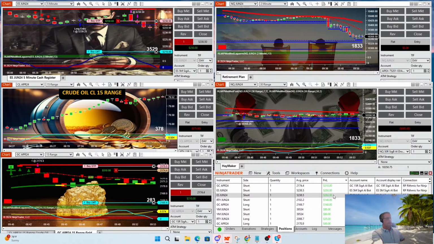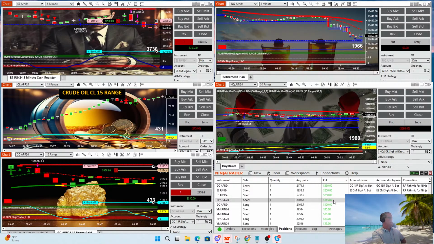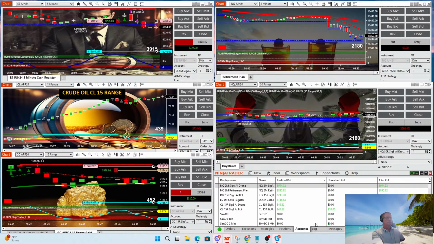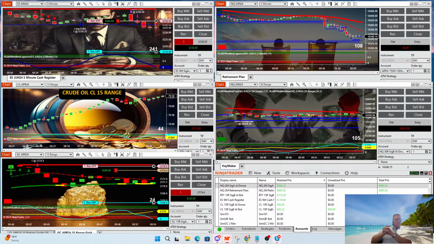We know the E-mini is short. The Russell is long. My top accounts so far are the signal A on the NASDAQ, 2-minute chart. If we get a retracement to the upside here, it'll put us in another position long.